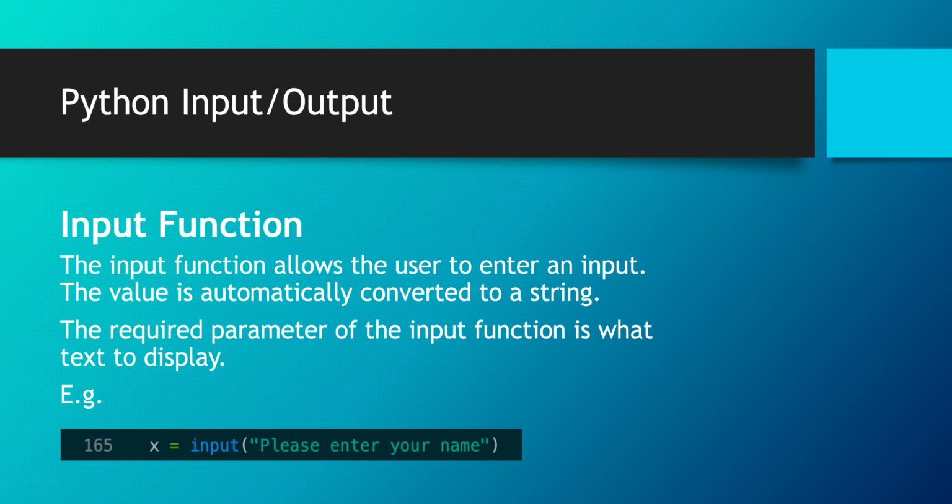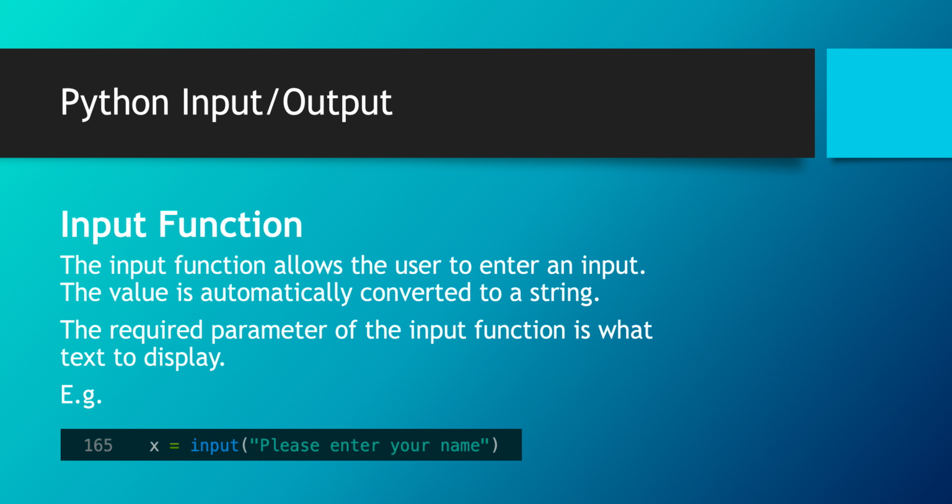So the input function allows the user to enter an input, and the value is automatically converted to a string. The default data type of the variable that contains the input is a string.